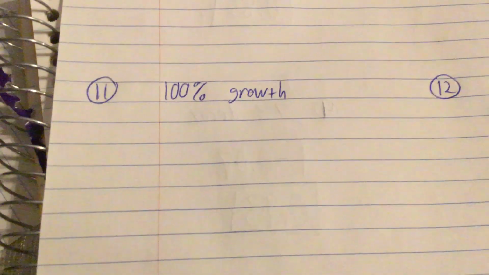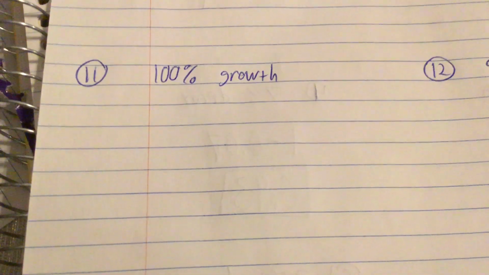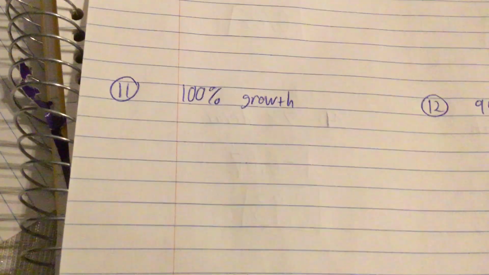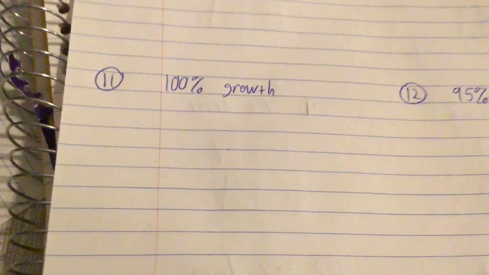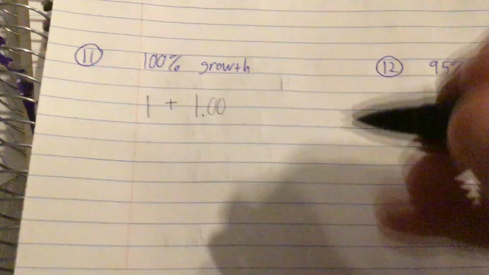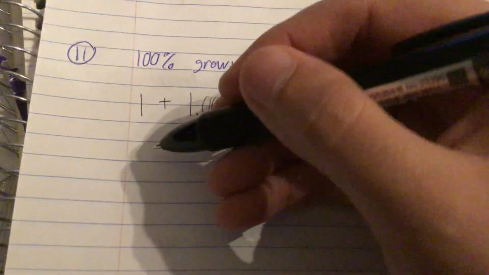If you multiply something by 1, does it grow or decay? No, it stays exactly the same. So when people say, oh, it's 100% growth, so your original amount is 1. I'm not really changing. I'm not trying to confuse you. 1 plus 1 is 2.